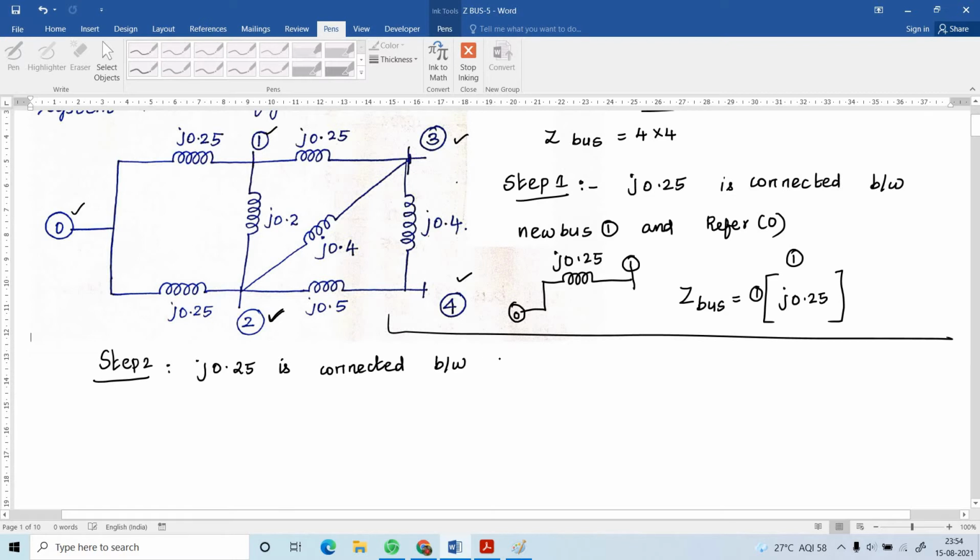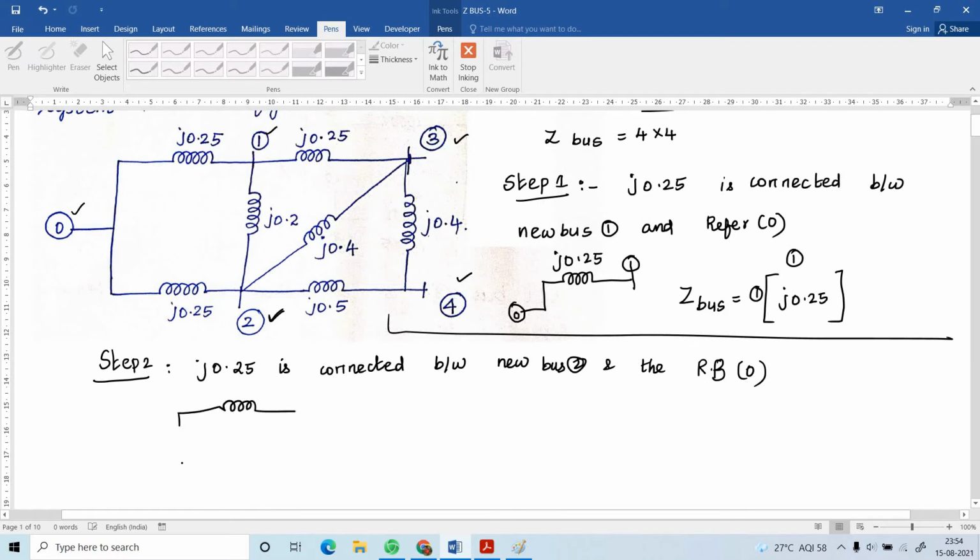I am going to redraw the power system network.